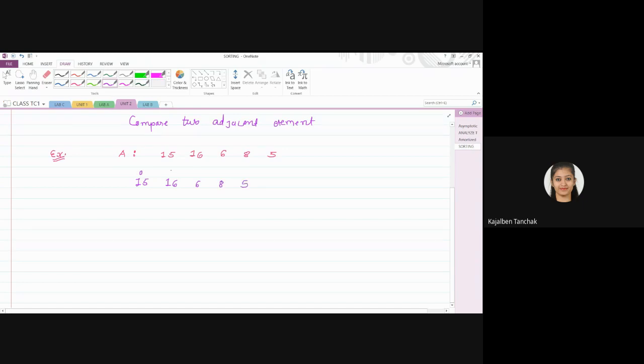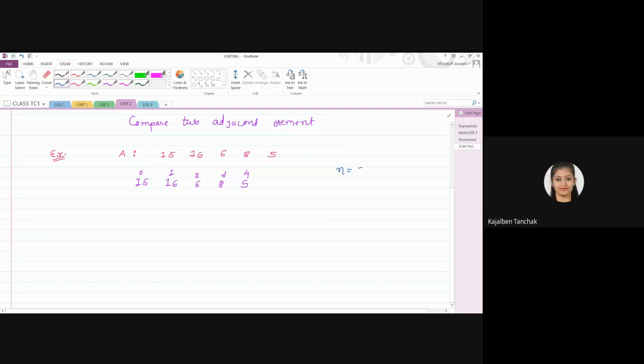I will give the indices 0, 1, 2, 3, and 4. Can anyone tell me the number of elements in this array? How many array elements are there in this array?